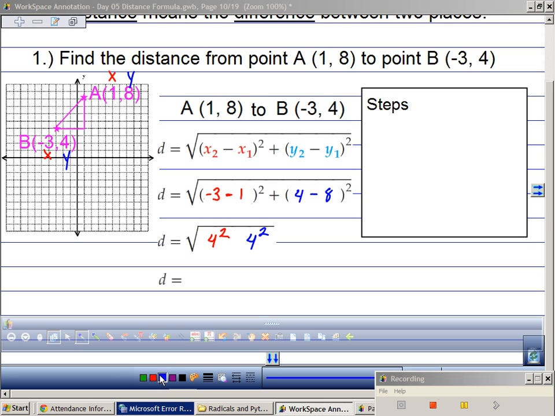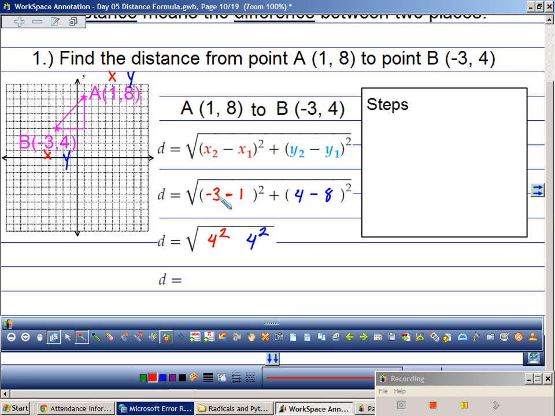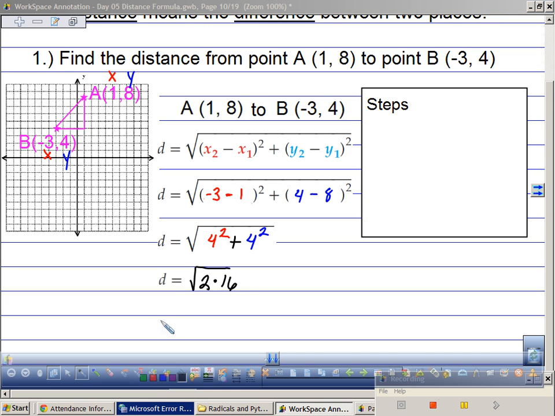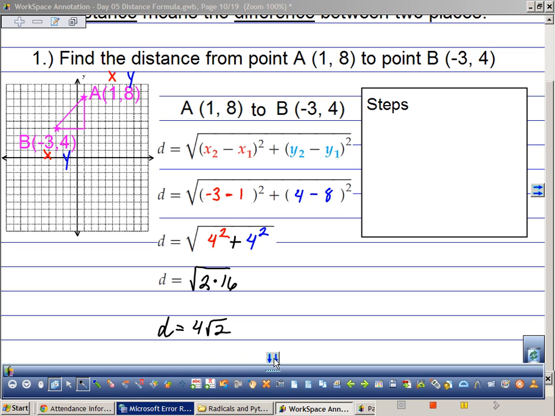So if you have a negative and you square it, the negative doesn't matter. So this is negative 4 squared, which is the same thing as 16, right? So I have 16 plus 16, isn't that 2 16ths? Correct? Which is really what? 4 root 2, which is really, what's our approximation for that?